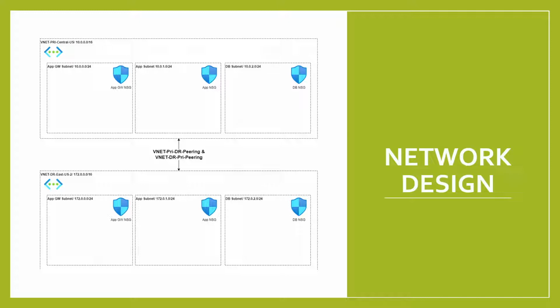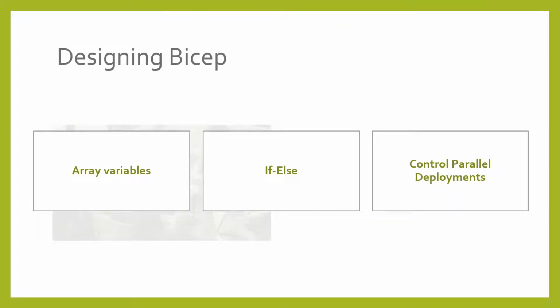So now with this in mind, let's take a look at what we're going to write when we are designing that Bicep structure. We're going to try to represent the various components, such as subnets, in an array, because there's going to be a lot of code that is repeated.